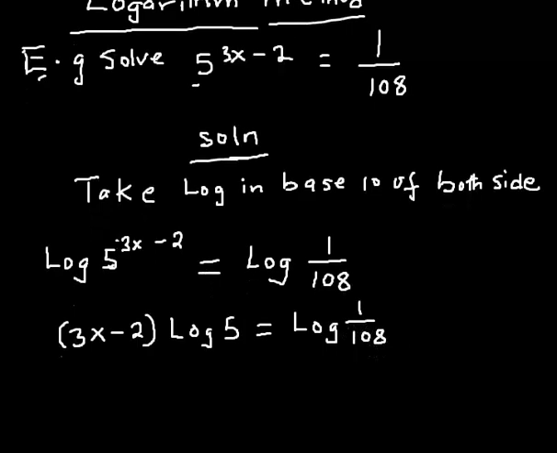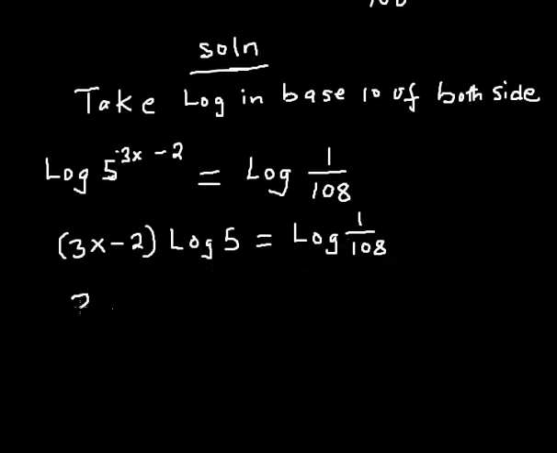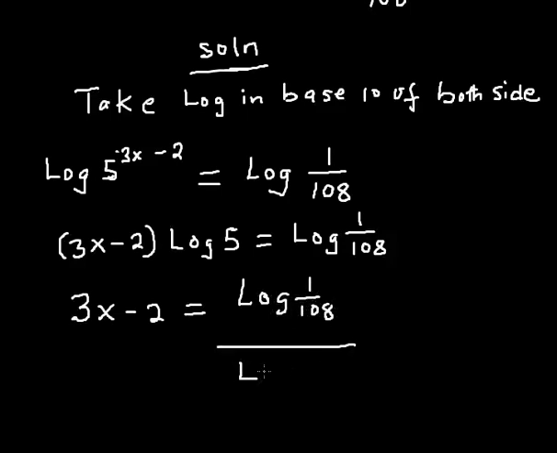One peculiar thing about using the logarithm method is that your answer will be an approximate value, because you will find the log of the values. So invariably, 3x - 2 is going to be equal to log of 1 over 108, divided by log 5.